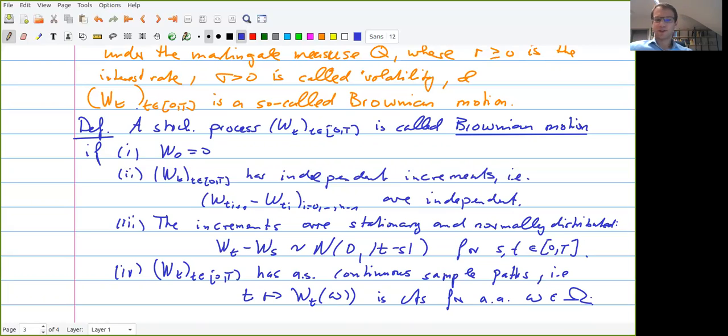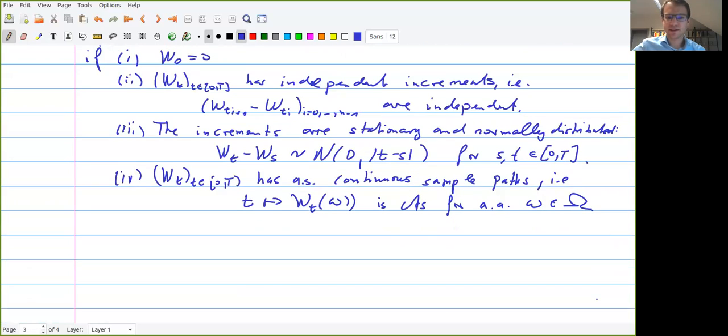Right? Okay, so nothing scary. The only thing one needs to do, and you understood this by now, is that it's not trivial actually to guarantee that such a process exists.